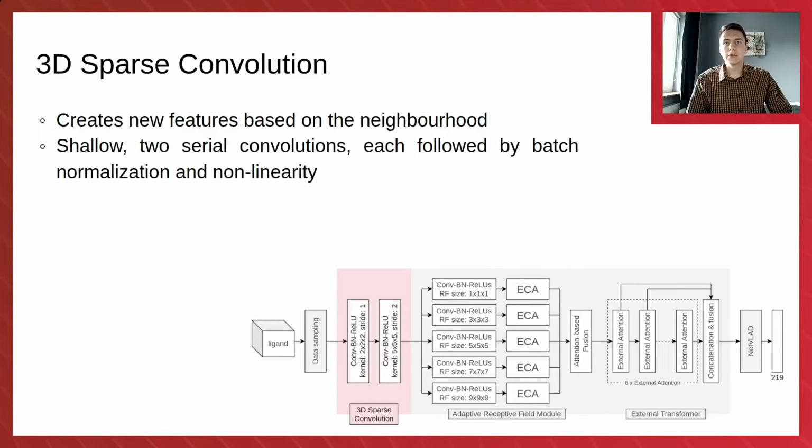The second convolution has a 5x5x5 kernel with stride 2. Both layers are followed by batch normalization and a nonlinear activation function, namely ReLU. It's worth mentioning that the sparse version of convolutional neural networks work faster because point neighborhood is determined using hashing algorithms.